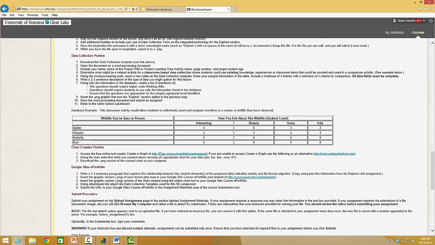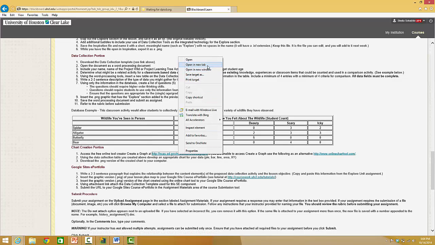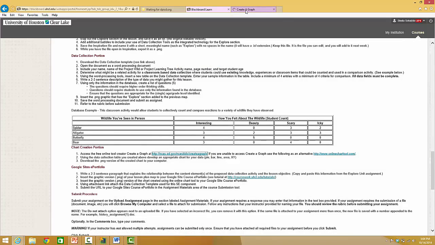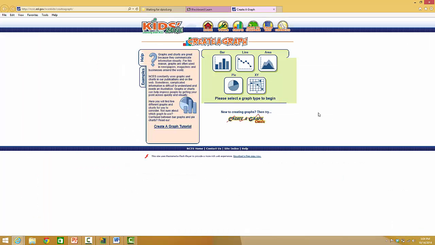Then what you're going to do is you're going to go to this website here. I'm going to open up this website, and you're going to use that data, and you are going to create a graph. It is very easy to do. You can decide ahead of time what kind of graph you're going to use. You can use a bar graph, a pie graph, or whatever you want to do.